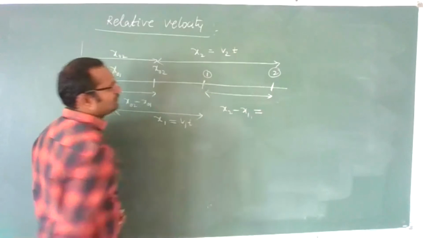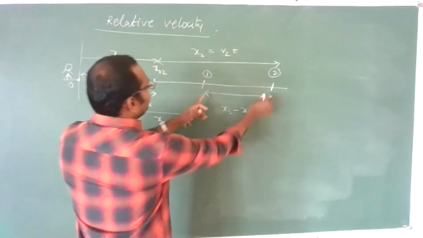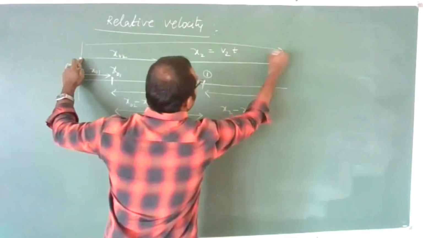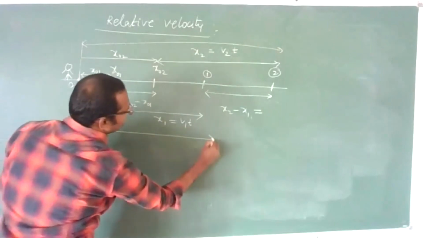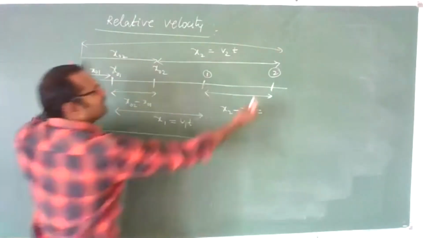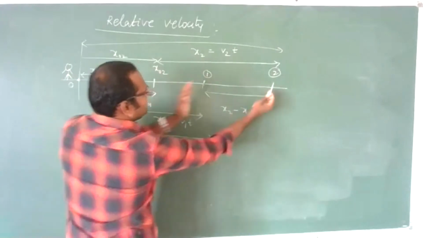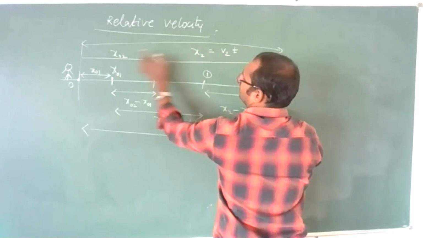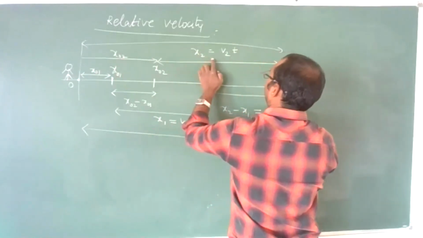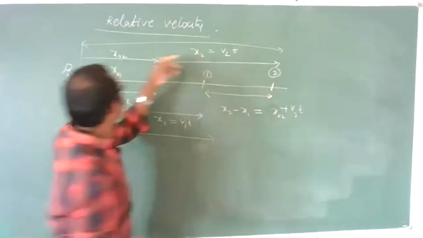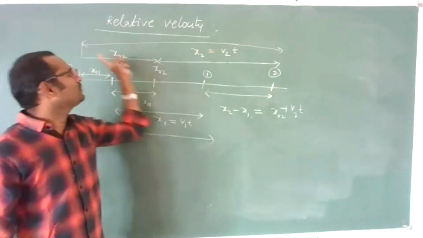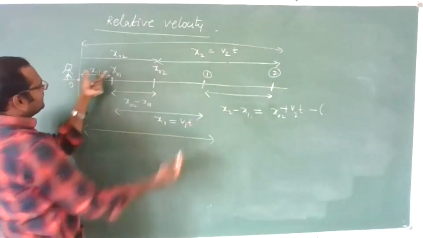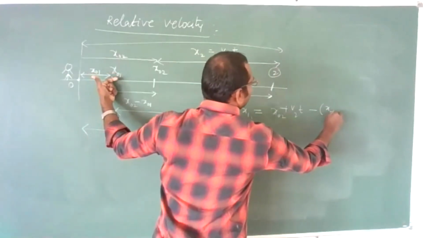So if I want to get this from this total, I subtract this value. What is this total? This total is x02 plus v2t. Correct? x02 plus v2t is this total distance, and we have to subtract from it the x01, the initial distance there.